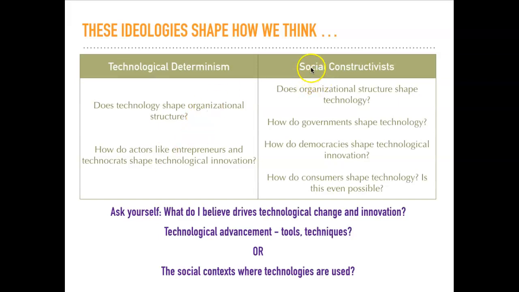On the other side, you can see how social constructivists would look at questions about how governments would shape technology, how democracies can shape technological innovation, and even how consumers shape technology. So we are going to be really working with these two biases and assumption ideologies as we make our way.